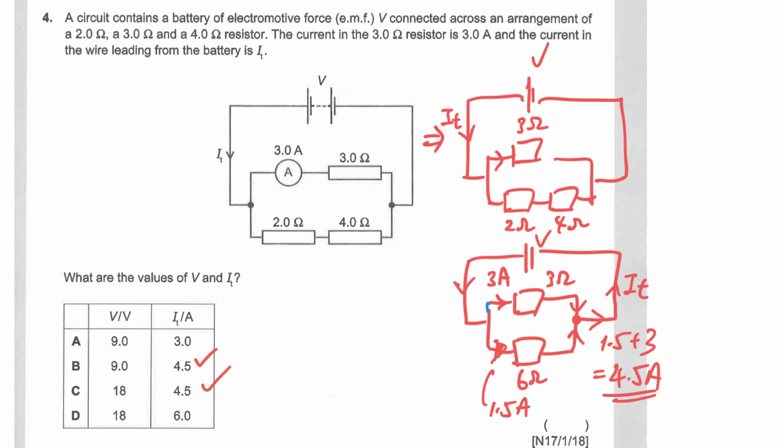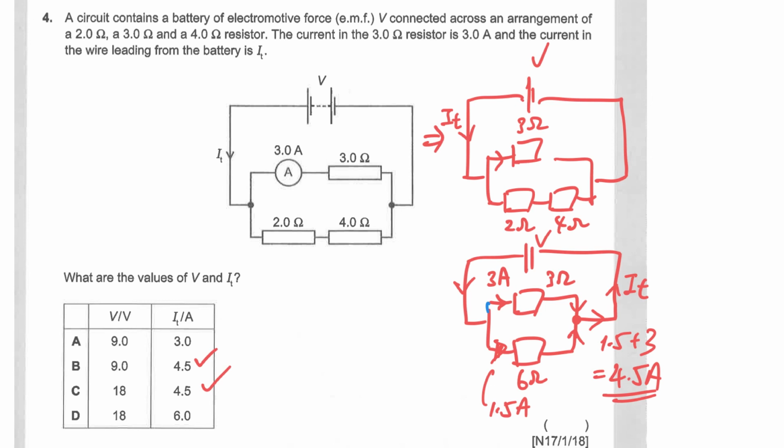You can also see it as, because these two are parallel, the potential difference here and the potential difference here will be the same. And since they are connected in parallel to the battery, nothing else really, this V here must be equal to the V here, must be equal to the V here.